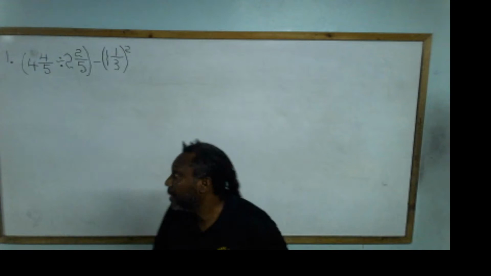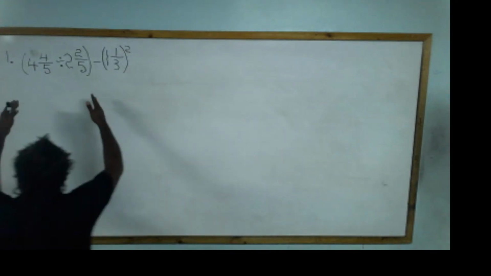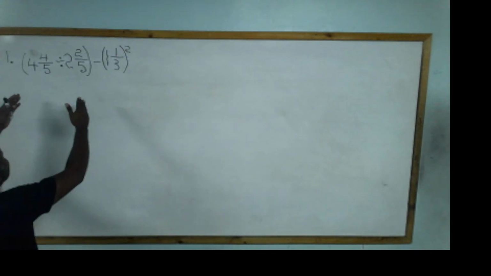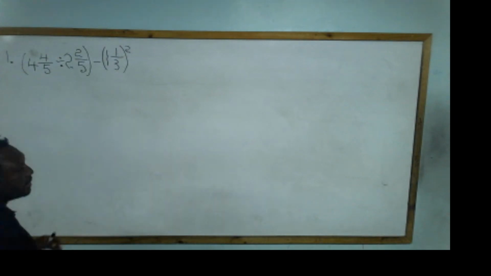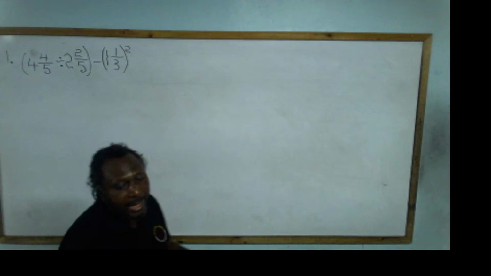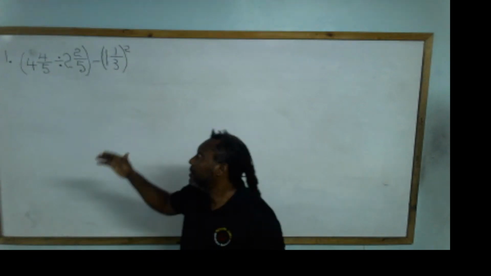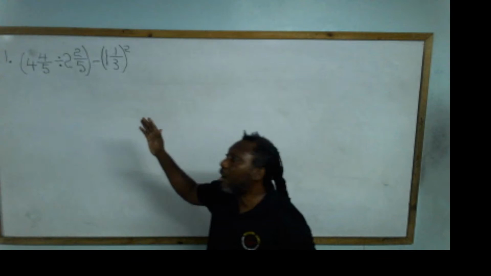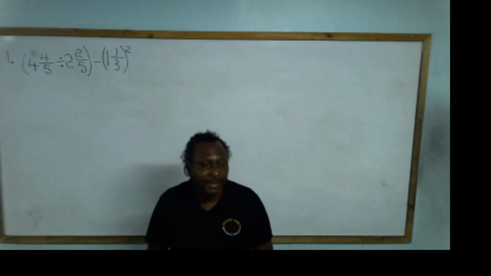The parentheses are here. It will be telling us that we need to carry out the operation that is in the parentheses first. That is what it means.